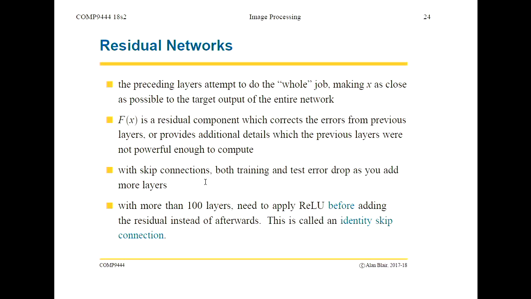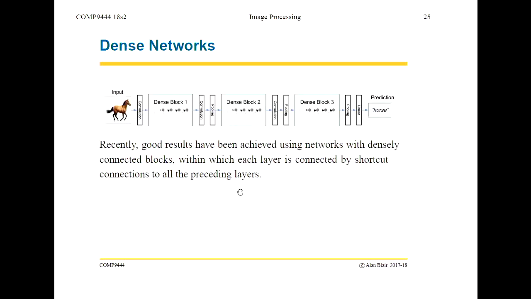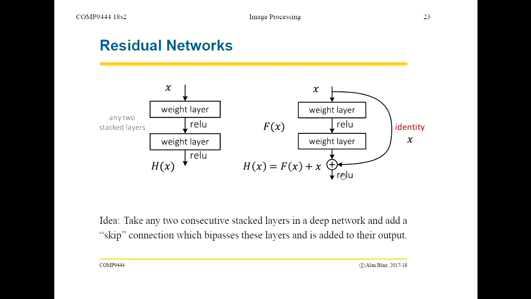Now, if you want to go beyond 100, there's a slight extra twist. In this picture, this is added first to the output of this, and then the ReLU is applied. But for very deep networks, they switch the order around. They first calculate the ReLU of this, and then they add in that afterwards. After they switch the order, this is called an identity skip connection.